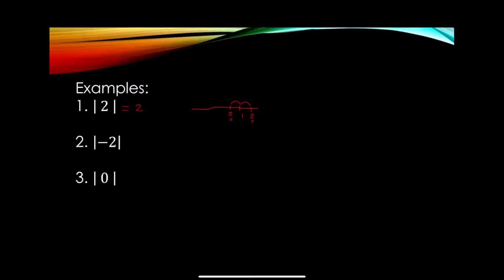The second example, -2. This is 0, -1, and -2. Now, what's the distance between -2 and 0? This is 1 unit, and this is the second unit. So the answer should be 2.